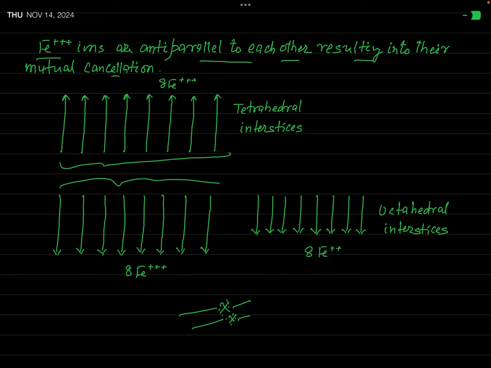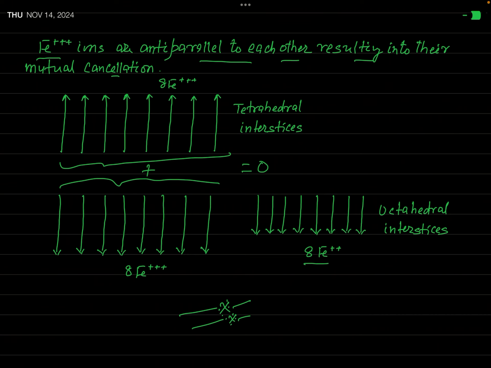So when these are added, the sum will be 0 and no magnetic moment will be created. But the Fe double plus ions and their spins are only in the downward direction, as you can see. So only the unpaired spin of Fe double plus contributes to the magnetic moment of this magnetite.